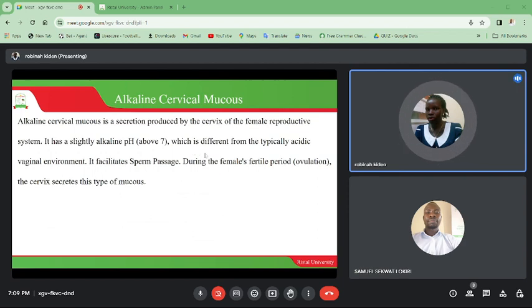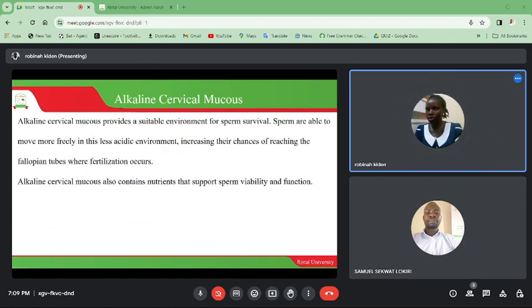and this is the one that allows for the smooth passage of the spermatozoa until they swim into the fallopian tube. This mucus produces a suitable environment to make sure that as the spermatozoa swim through the reproductive system to reach the fallopian tubes, they are not injured or harmed, and they move in a safe environment.